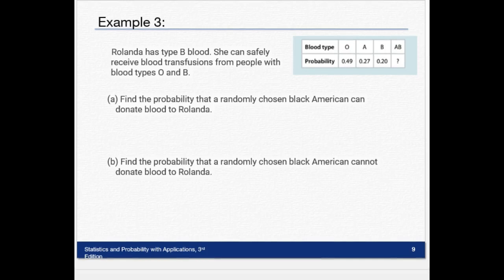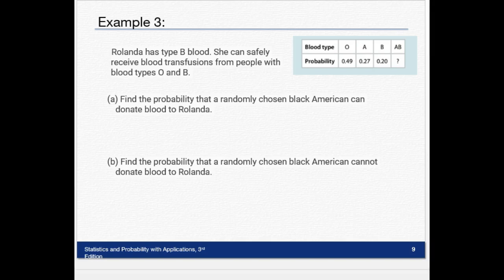Now, continuing on with the same probabilities, Rolanda has type B blood. She can safely receive blood transfusions from people with types O and B. Find the probability that a randomly chosen Black American can donate to Rolanda. Well, stop and think. Are these events mutually exclusive? Can someone have O and A type bloods? No, you only have one type of blood, right? So because they're mutually exclusive, I can add the two probabilities that I need.